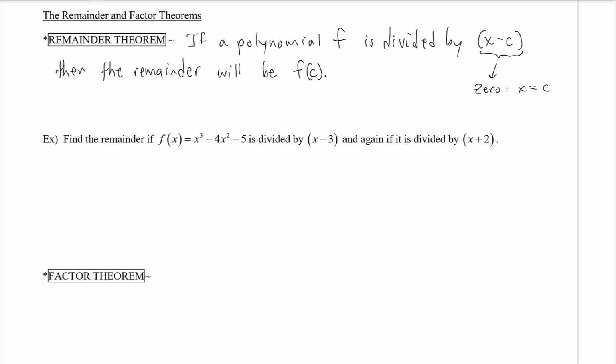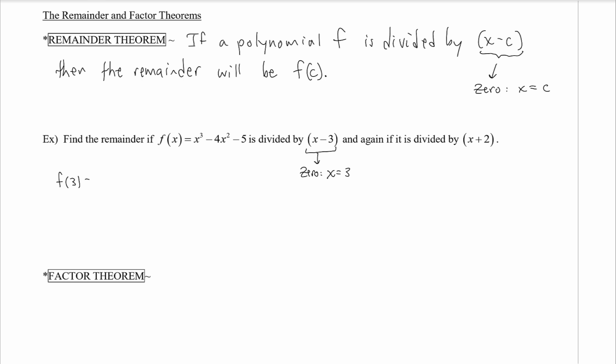So for example, let's say I have this cubic and I were to divide it by x minus 3. I could sit and do all that division, but if I just want to know what the remainder would be, then I just need the 0 from this. The 0 would be x equals 3, and then I could plug that into this cubic.